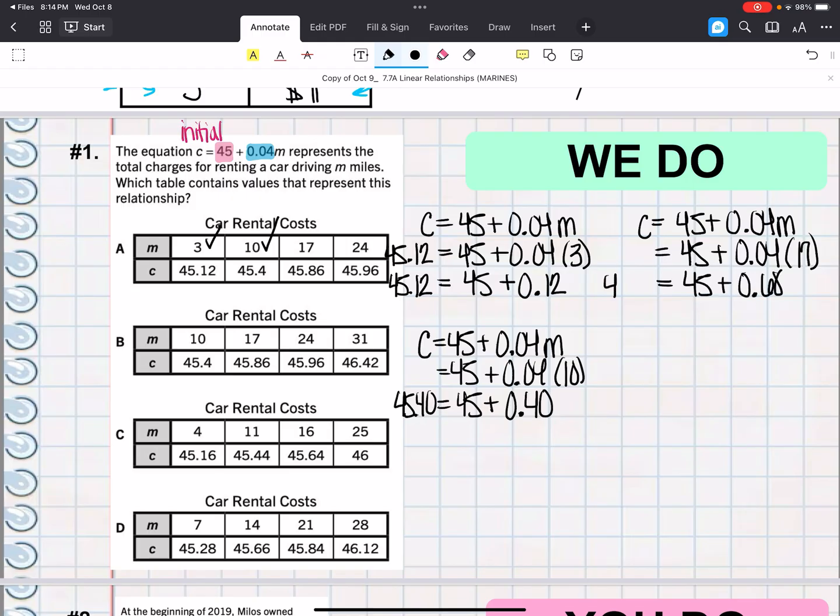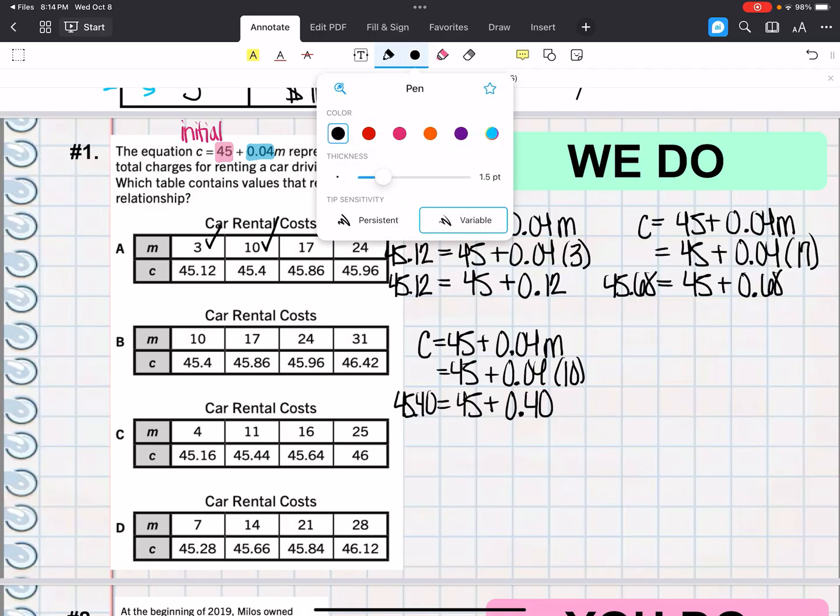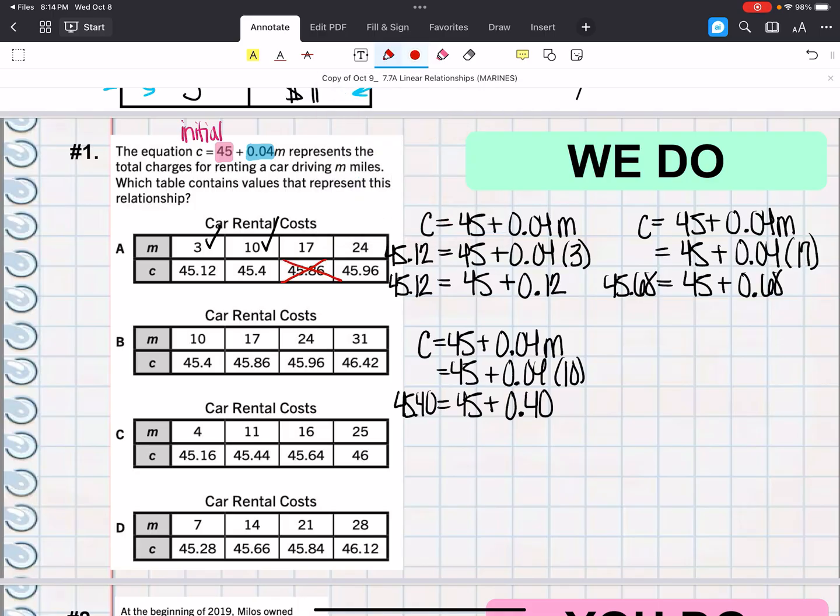So when m is 17, C should be 45.68. Notice that's not what you have here. You have 45.86. So can A be our answer? No, that one is out.